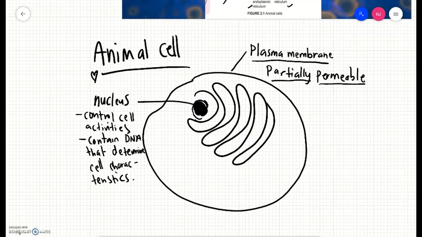And this endoplasmic reticulum has two types, of which the first one is the rough endoplasmic reticulum. Why is it called rough? Because there are these dots here, we call them ribosomes.